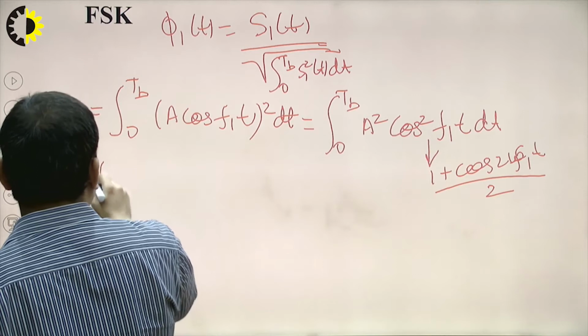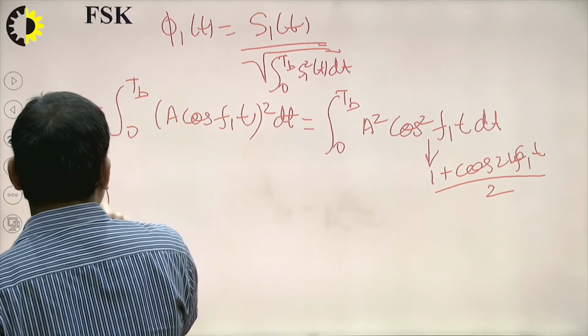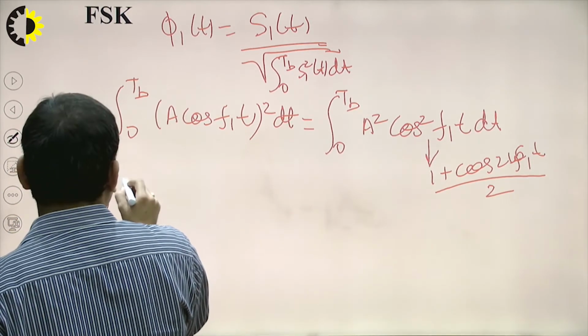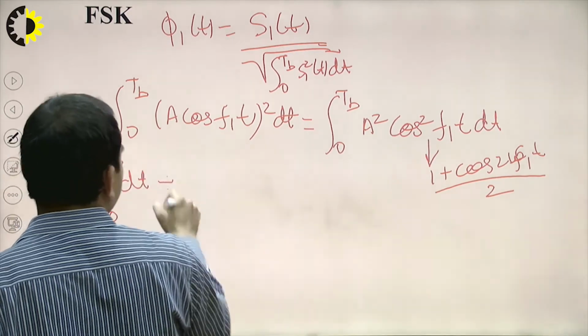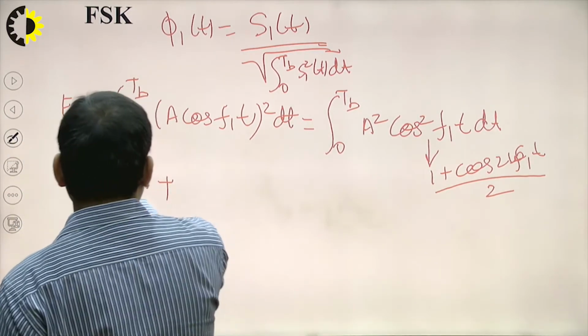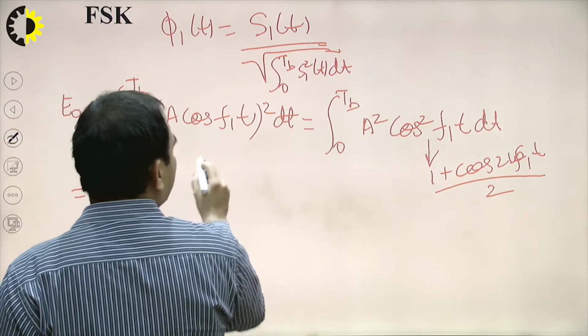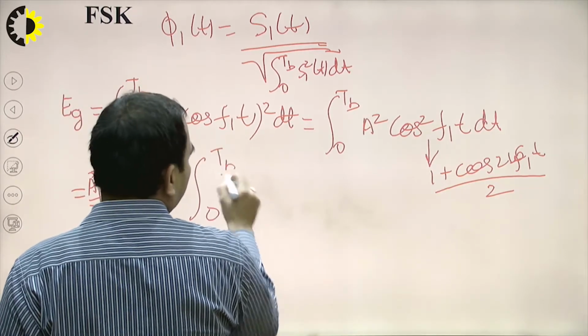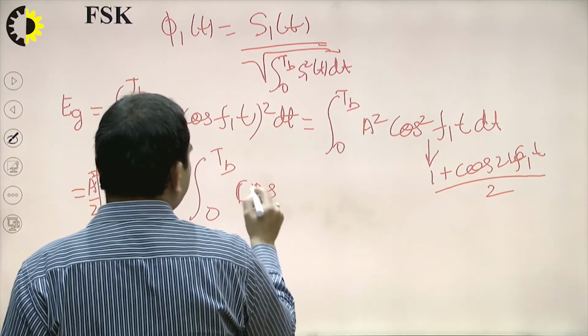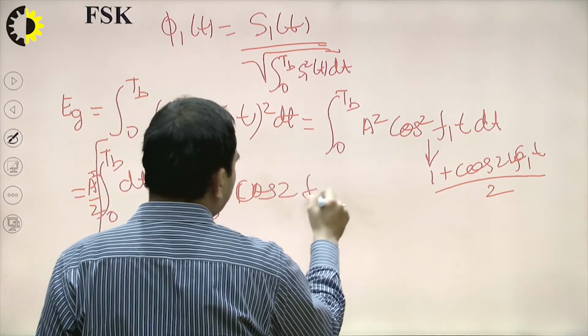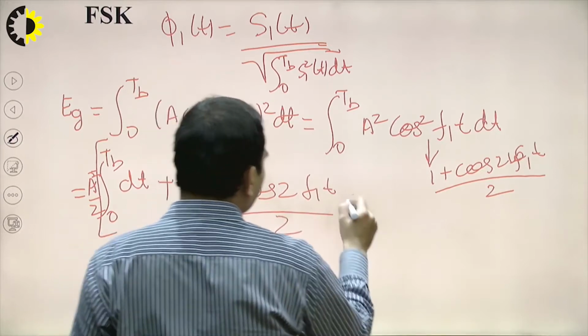So we can write it as the integration, where A squared by 2 we can take outside, and what is left is 1, or you can say dt from 0 to Tb, plus the second term, the integration from 0 to Tb of cos of 2 f1 t dt.